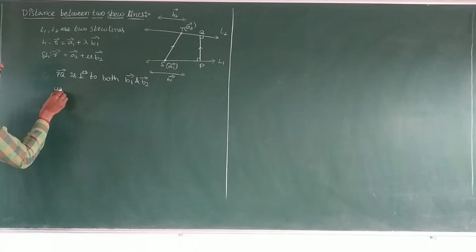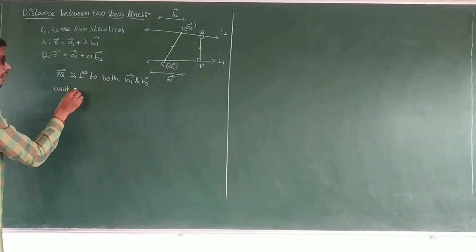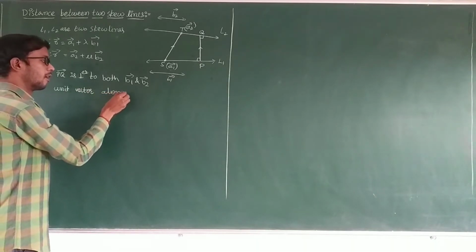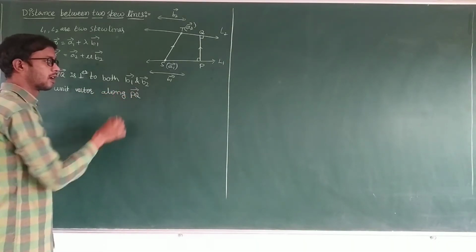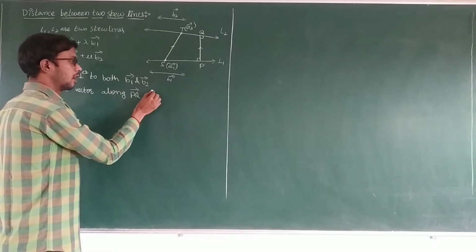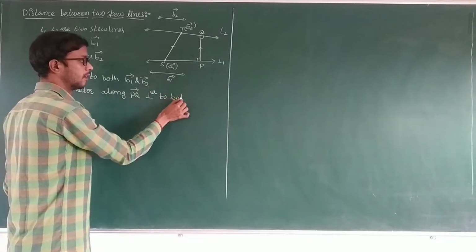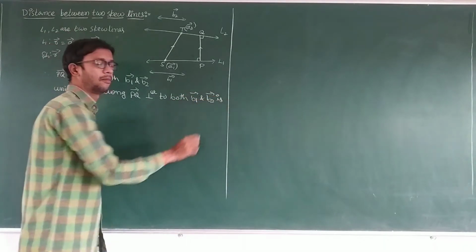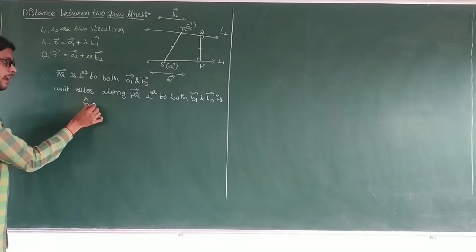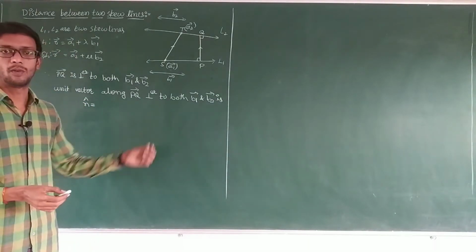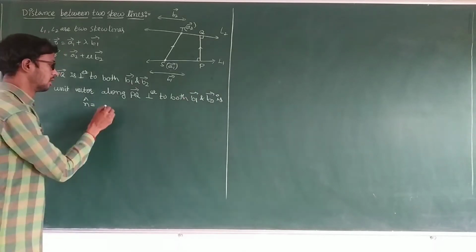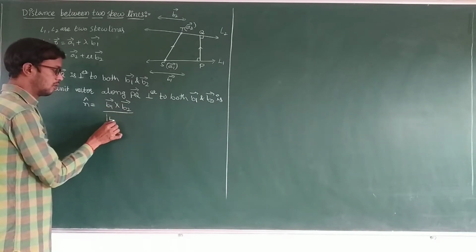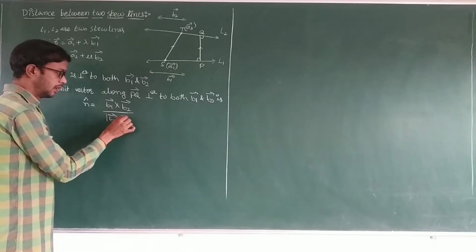Therefore, the unit vector along PQ bar, perpendicular to both b1 bar and b2 bar, I am taking as a unit vector n cap. n cap is equal to b1 bar cross b2 bar by magnitude of b1 bar cross b2 bar.